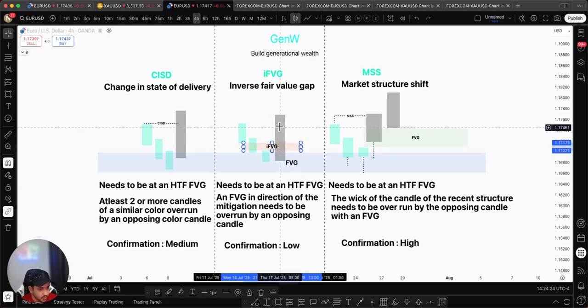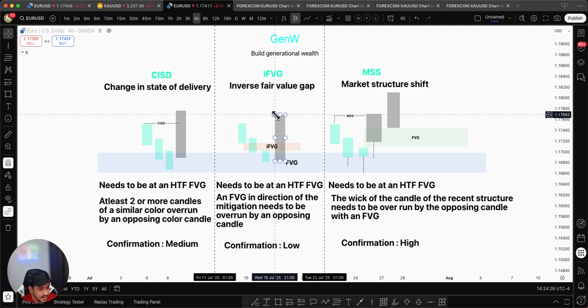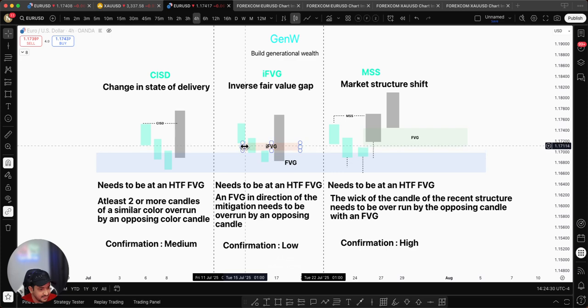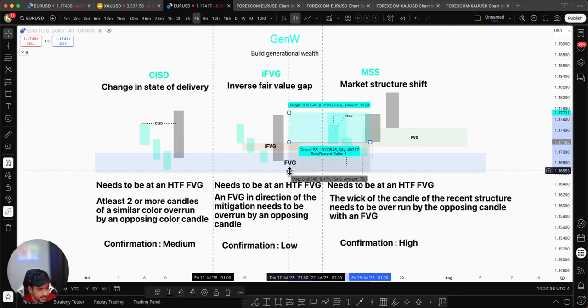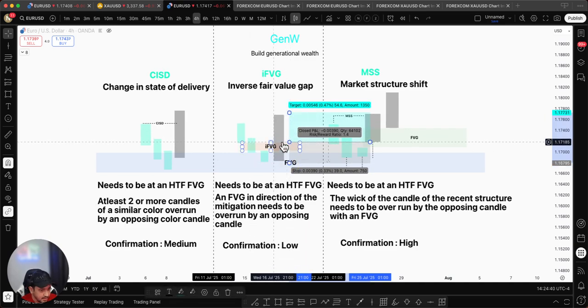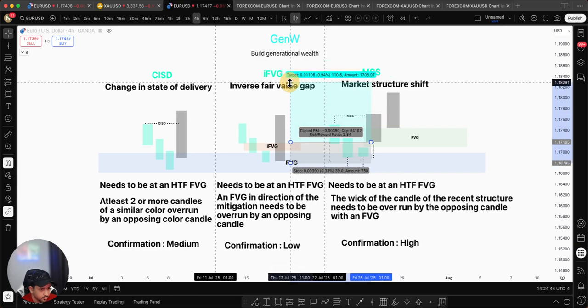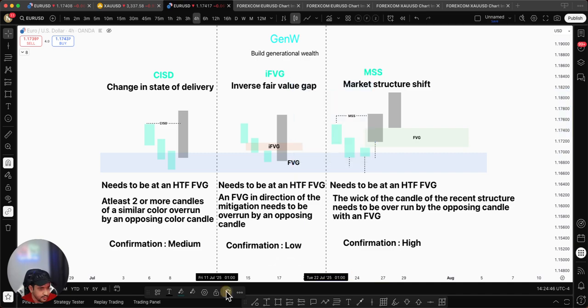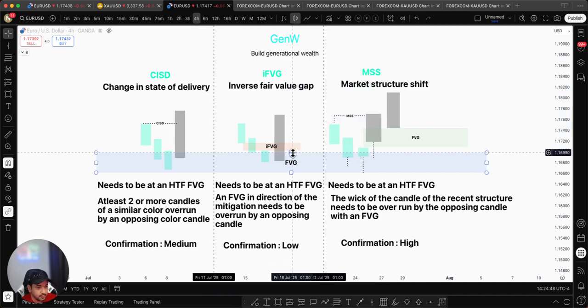This was overrun, disrespected, and a candle closed above this fair value gap, and hence this becomes an inverse fair value gap. This means that now we can go ahead and place our entry above this inverse fair value gap, cover the low to be safe, and target your 2 hour or 3 hour or whatever your risk management allows you to do.